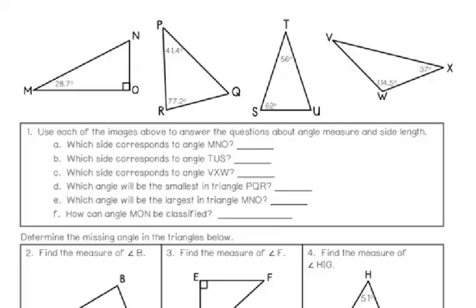Next, we're going to use these 4 images of triangles to answer some of the questions about their angle measures and side lengths. So in question 1A, it says, which side corresponds to angle MNO? So first, I need to find MNO. Remember that this middle letter is the vertex, or the corner.